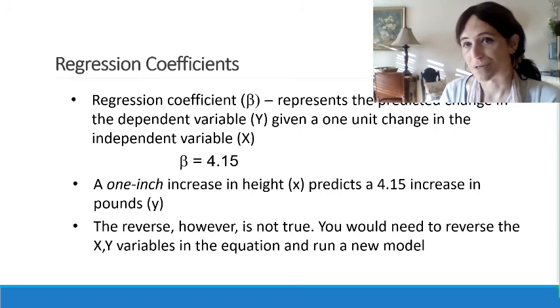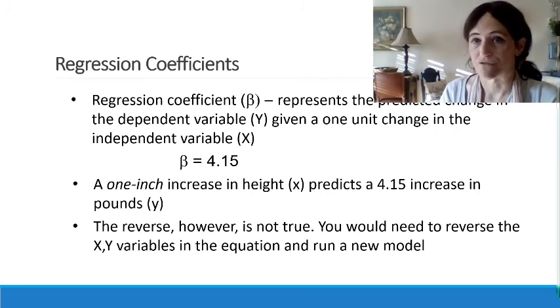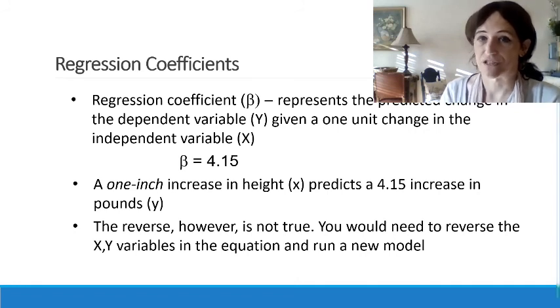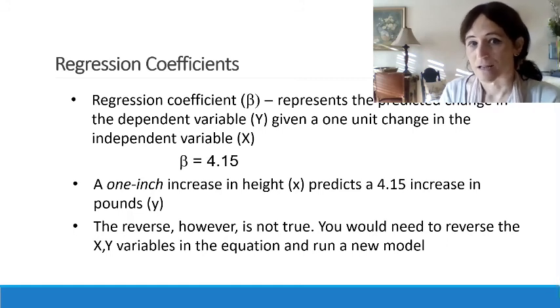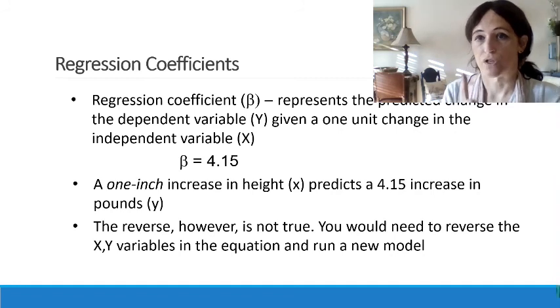In the example that we used, our beta coefficient of 4.15, a 1-inch increase in height predicts a 4.15 increase in pounds. If we wanted to have that coefficient expressed in tens of pounds or some other unit, we can simply change our units in the original data. But keep in mind, it's always going to represent a 1 unit change in our variable.